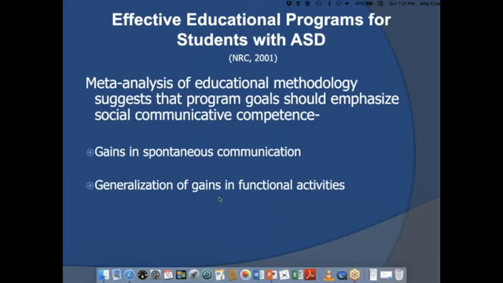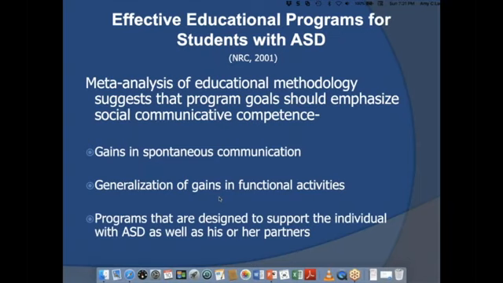That's the growth and development that we're after, right? That's where we know that the individual or the child truly has the skill, and it's not just something they're trained to do when the conditions are just right, but that we're really working towards developmental growth for the individual. So: spontaneous communication, and gains across functional activities.